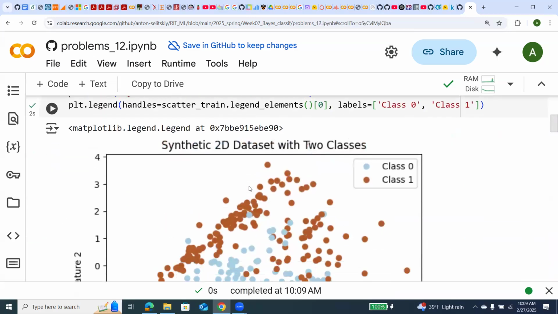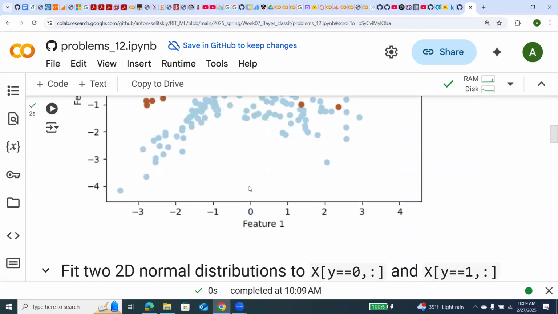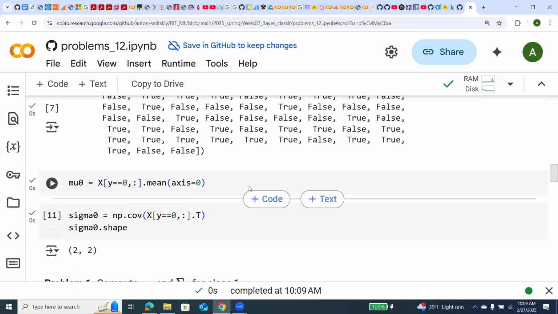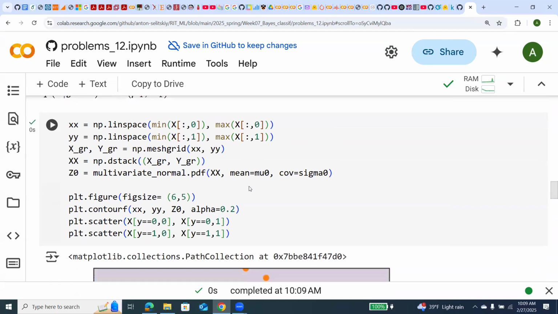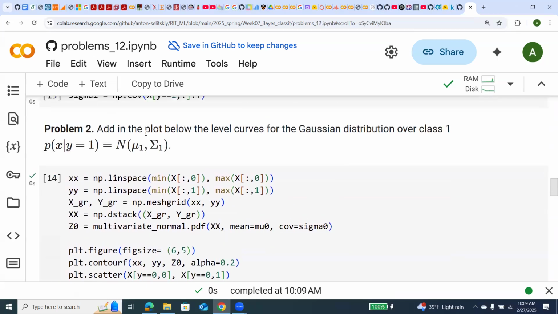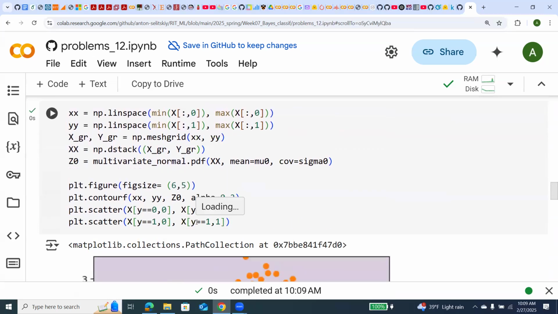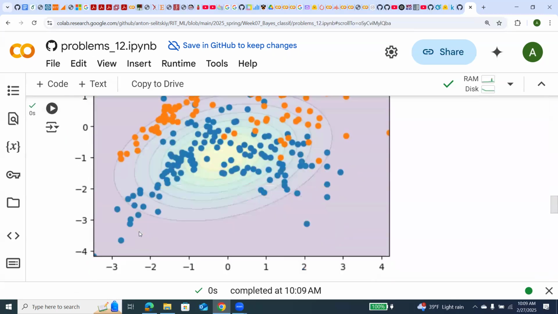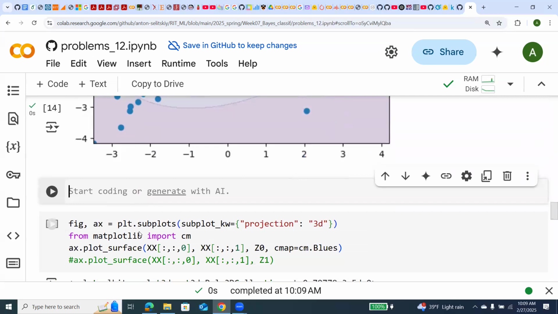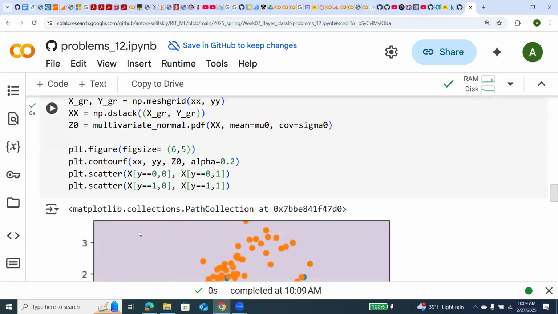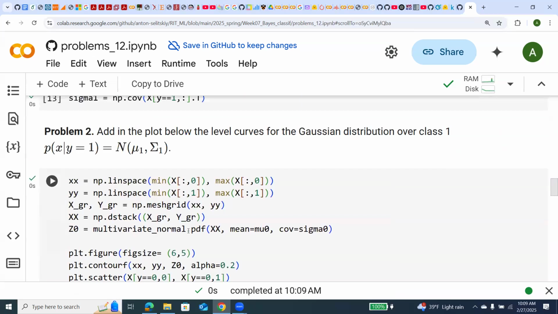Oh no, I plotted for class 1. Actually, I added for class 1. So your task is to add for another class 0.